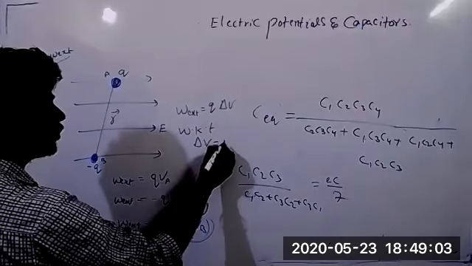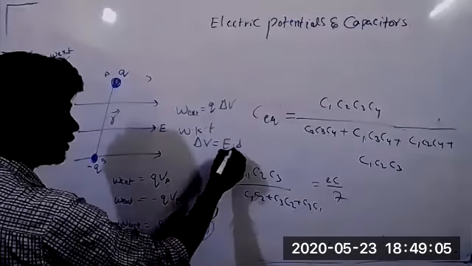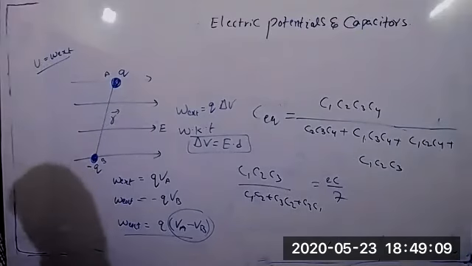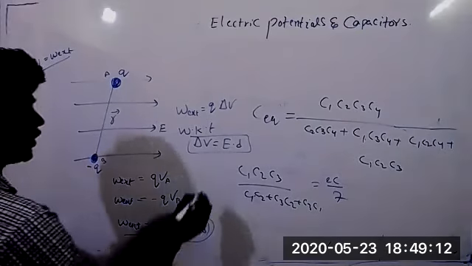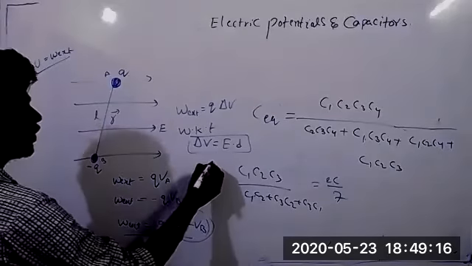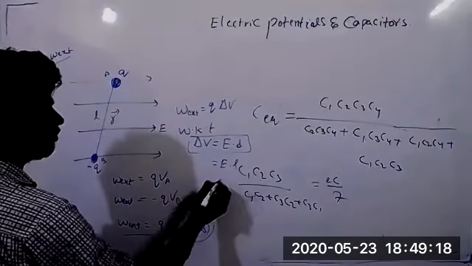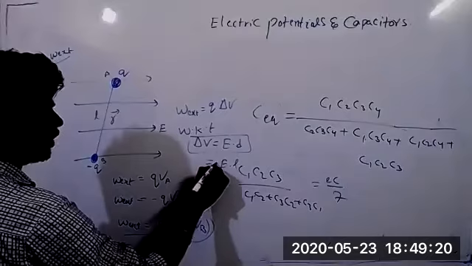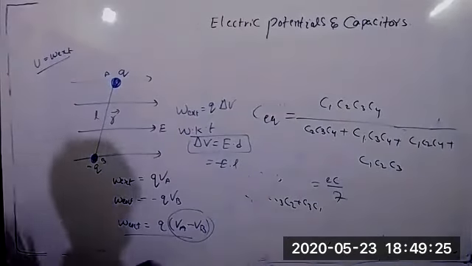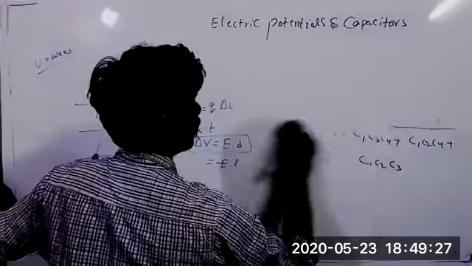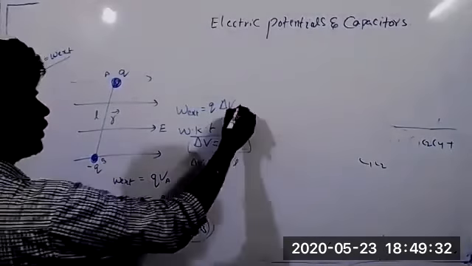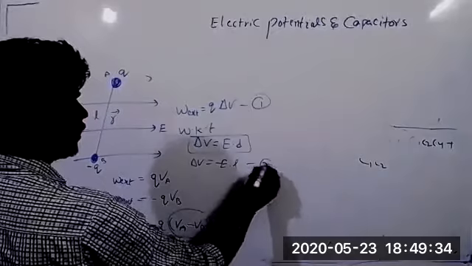We know that delta V equals E dot D, right? Yes, sir. Suppose L is the length of the dipole. So E dot L, right? Minus E dot L. That is delta V. Take equation 1 and equation 2.